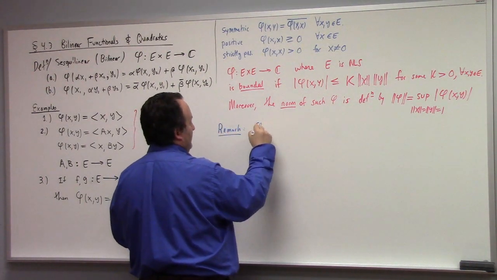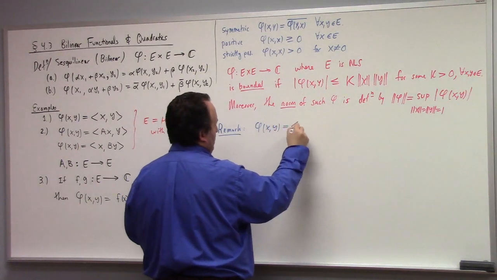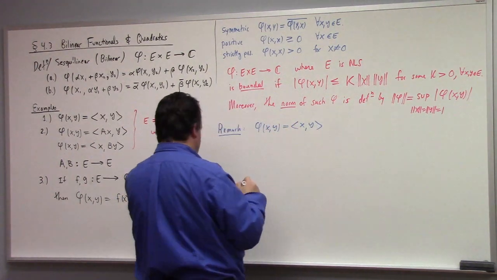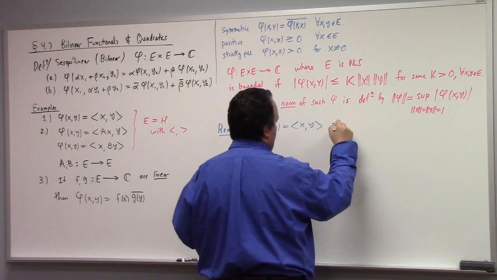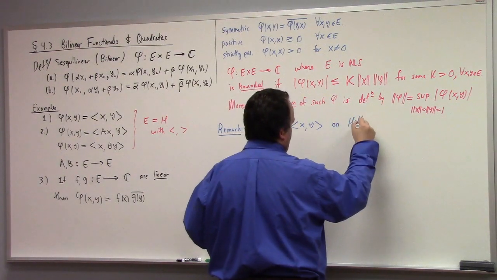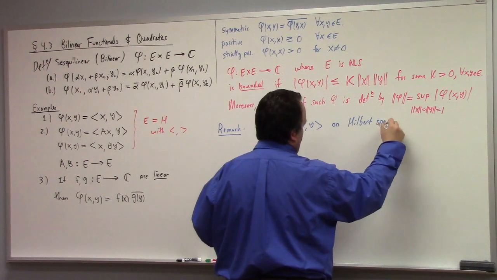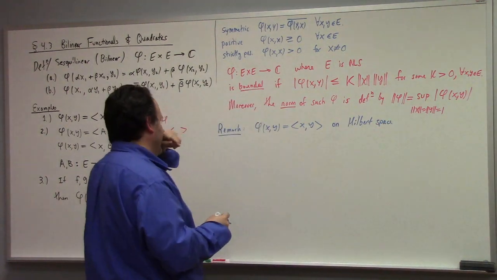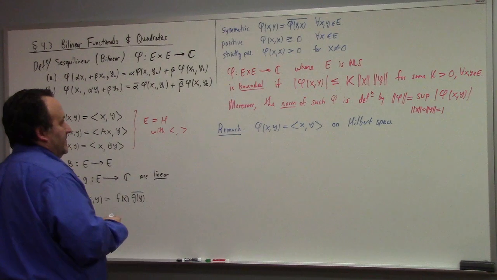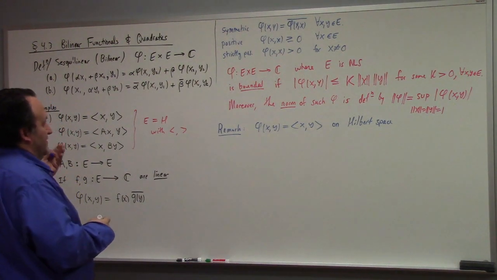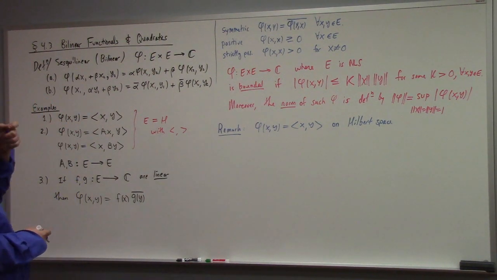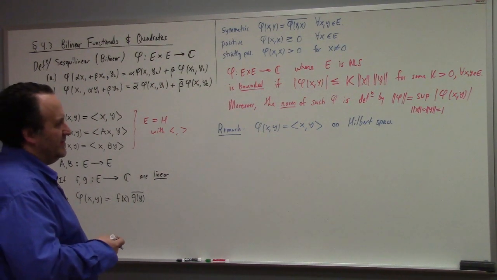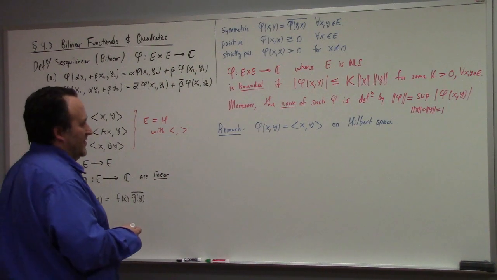If we have phi of x comma y equal to the inner product of x and y on a Hilbert space, then, like I said, it's a symmetric, positive, in fact strictly positive, bilinear functional. What I'm trying to figure out is, can you just calculate the norm of the inner product? I'm curious.